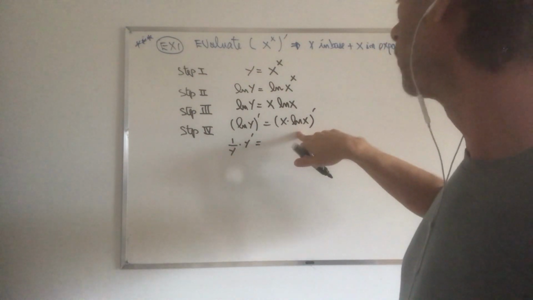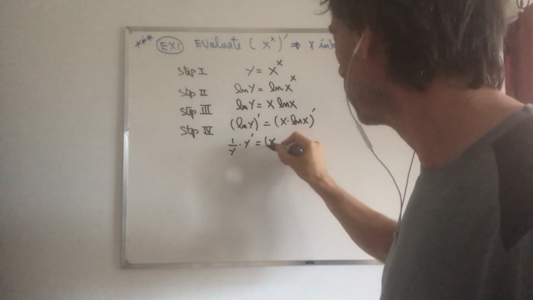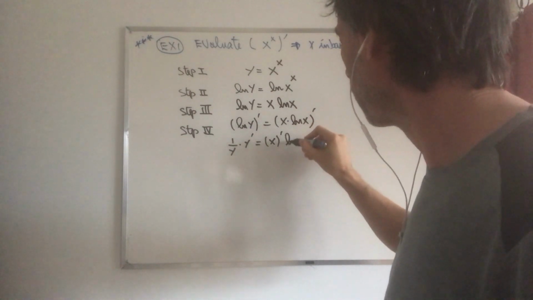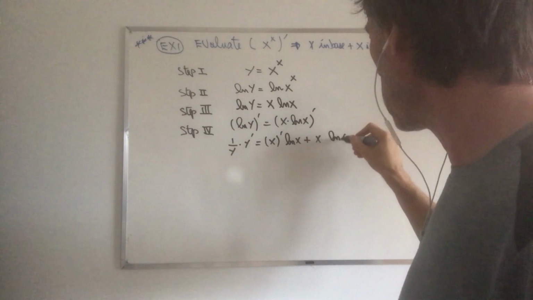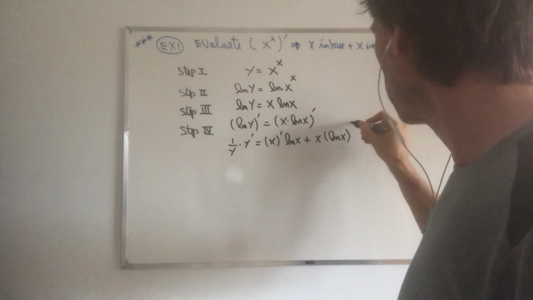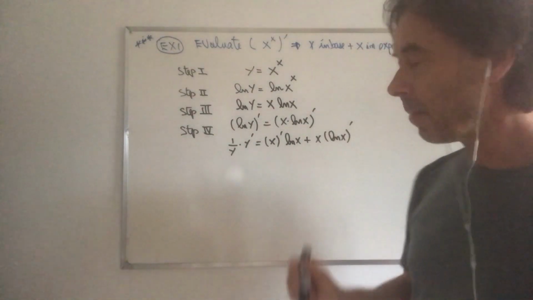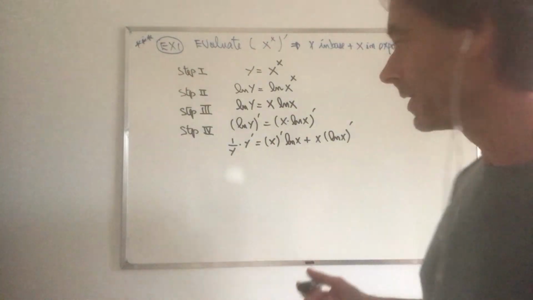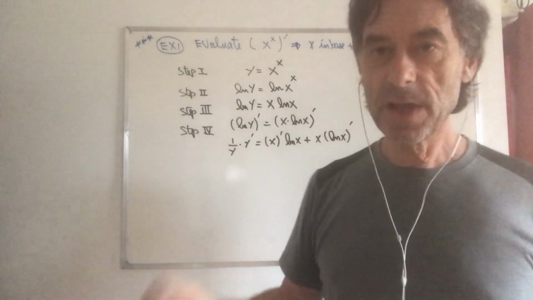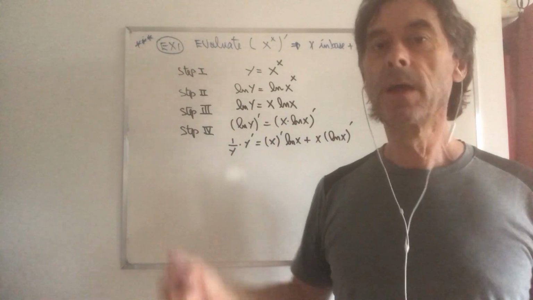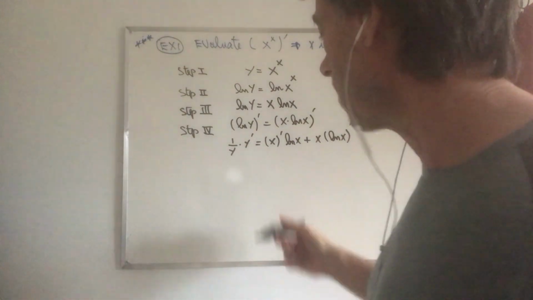Now this is a product rule, yes? So x prime ln x plus x ln x prime. I still have a couple of primes in here, so I'm not done. I am not going to touch the y prime because, exactly like in implicit differentiation, y prime is what we want to have at the very end.